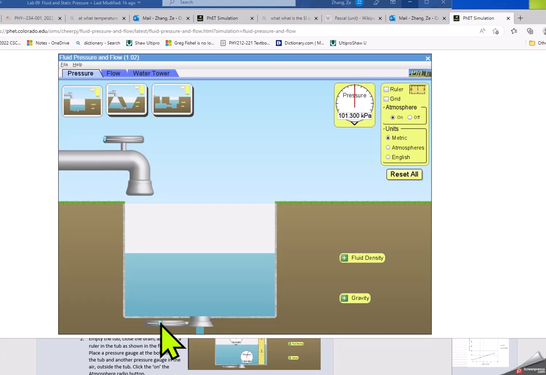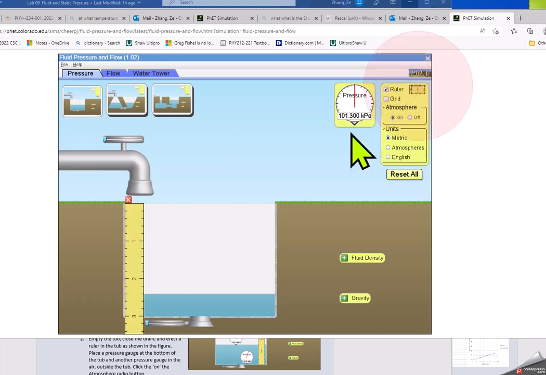Just play with it. You can let the water go, or you can close it, and you can add more water. Then you have a ruler over here to see how high we can go, almost up to 4 meters, and actually 3 meters at most, 3 and a little more meters of water.